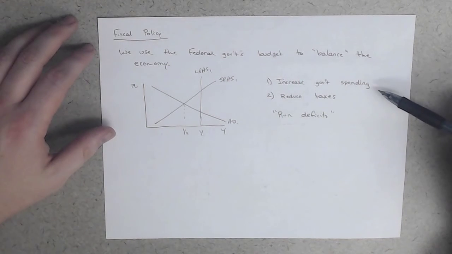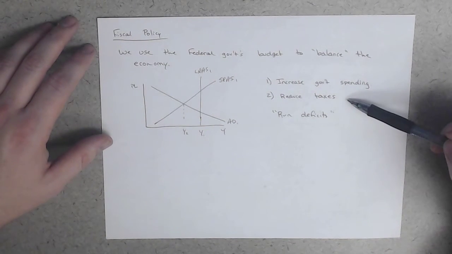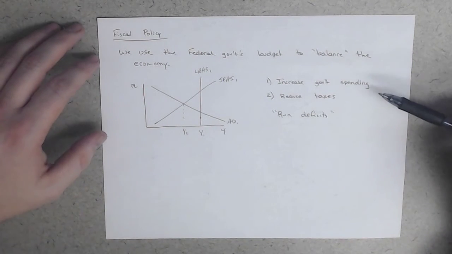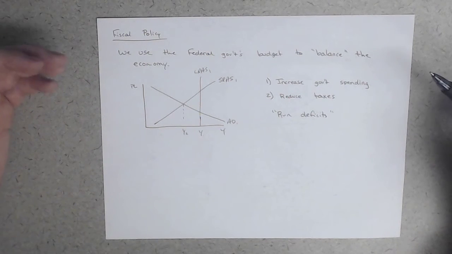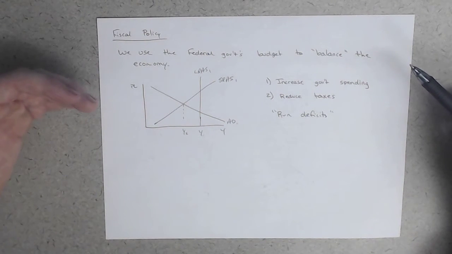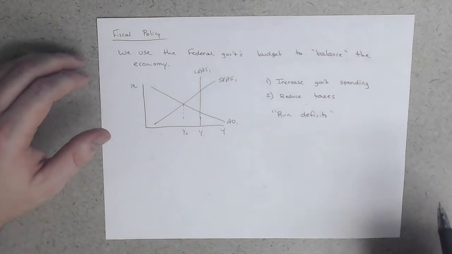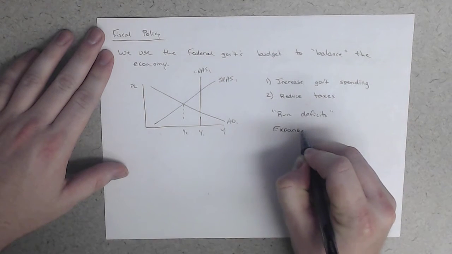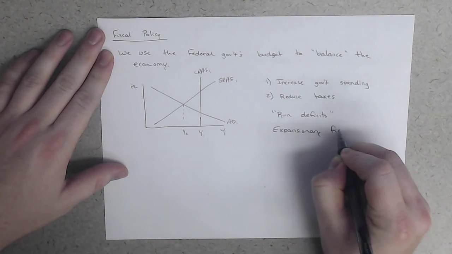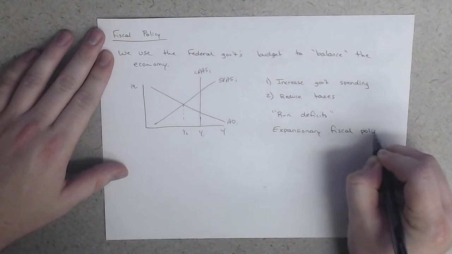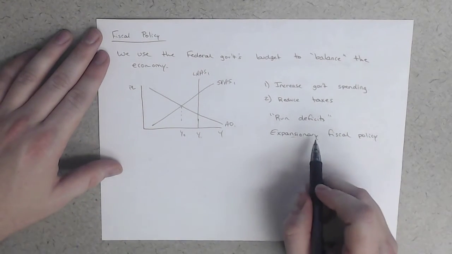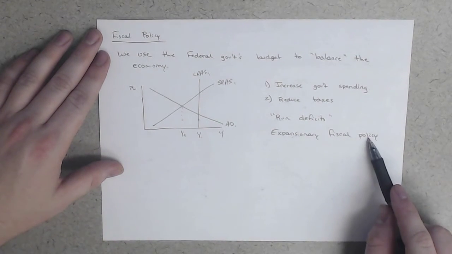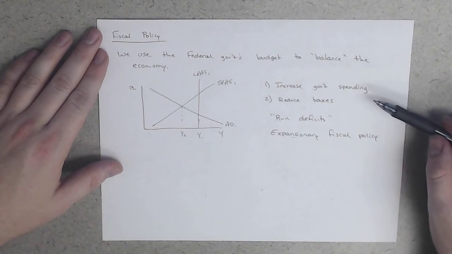Most of the time, we just increase government spending because it isn't as clear that reducing taxes will work, whereas increasing government spending, at least at a theoretical level, works much more clearly and unambiguously. We call this expansionary fiscal policy. Expansionary because it's designed to increase aggregate demand, and fiscal policy because it's using the federal government's budget.